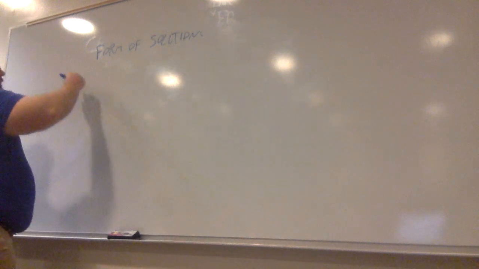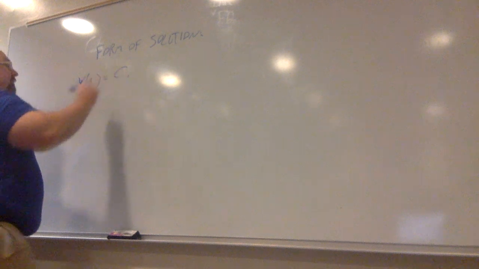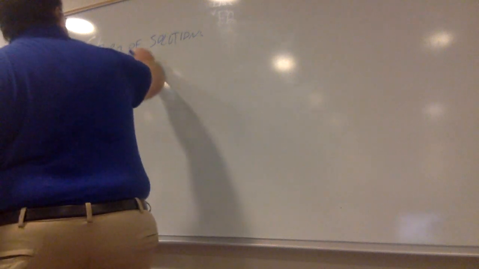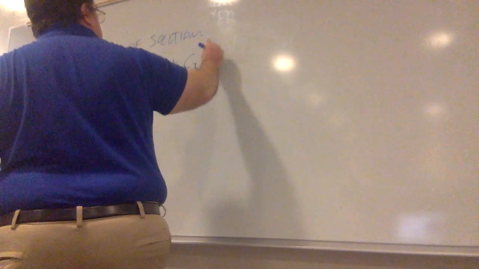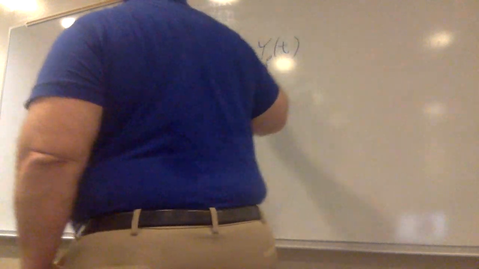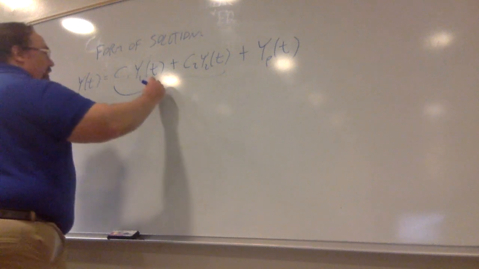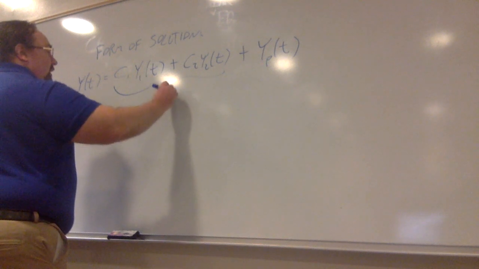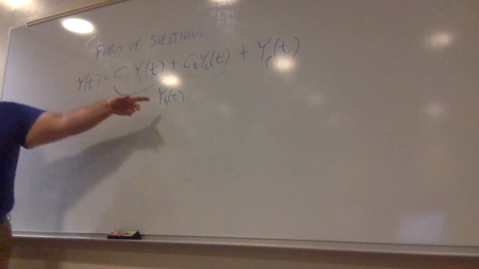The formal solution is y of t is equal to a constant that I'll call C1, y1 of t, plus C2, y2 of t, plus yp of t. These first two terms I'm going to abbreviate as y sub h of t, h for homogeneous.